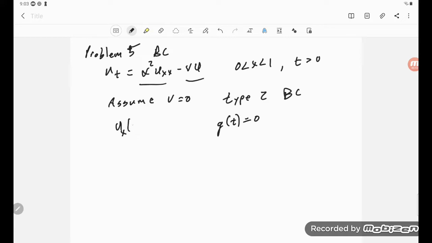u sub x at 0 and t is going to be lambda u at 0 and t. And I'll put a G1 here because G1 of t is 0, and similarly then u sub x at 1 and t, and that's what I was looking up to make sure I didn't get it wrong, was minus lambda u of 1 and t.